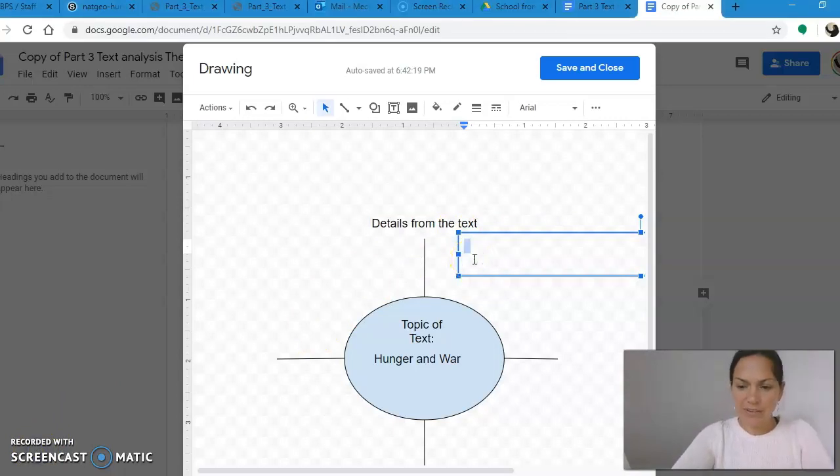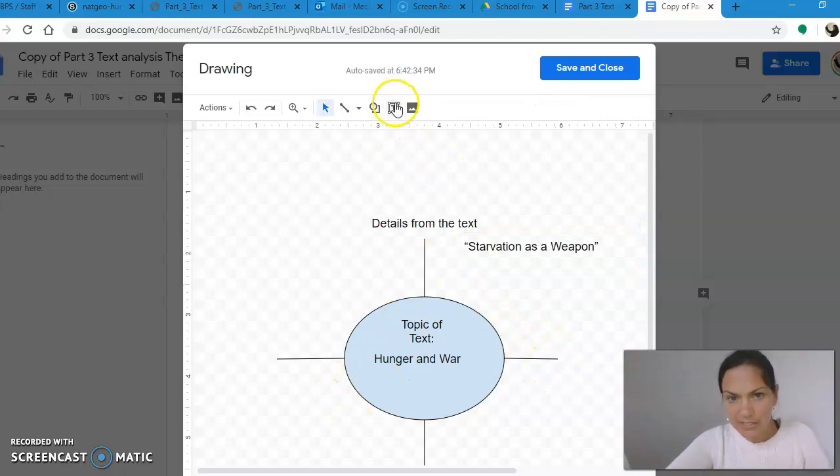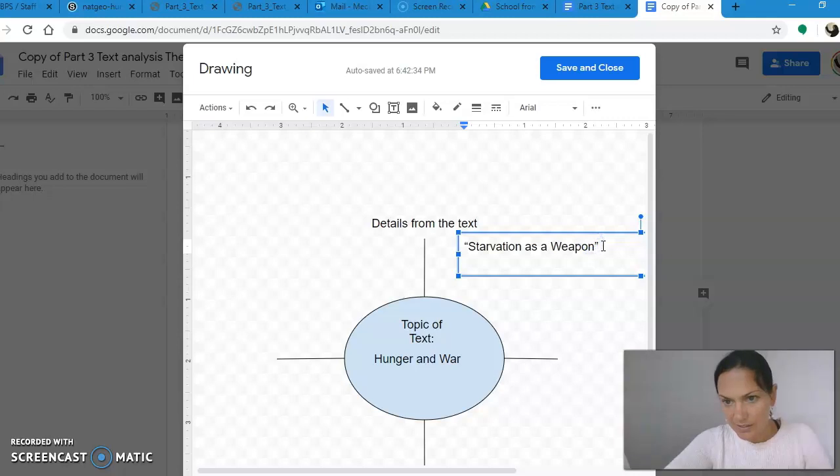So here I'm going to write starvation as a weapon. And I am going to put here another detail from the text. Sorry, this was paragraph 1.